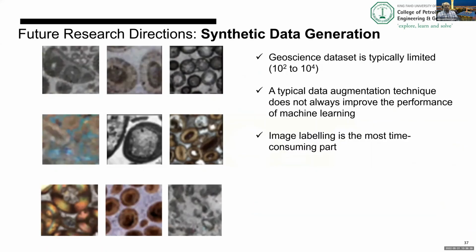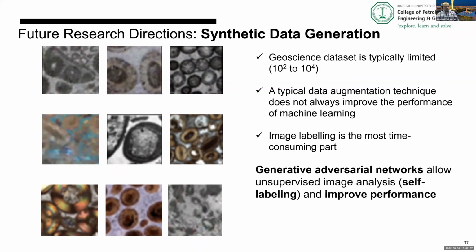Another thing that we could do is, again, try to overcome the limited data problem, right? This is where we can use synthetic data generation using what they call GANs, generative adversarial networks. For example, this is a quiz again. If I just ask you quickly, can you differentiate between real and synthetic images here? Maybe some of you will recognize it correctly, and some of you actually made some mistakes.